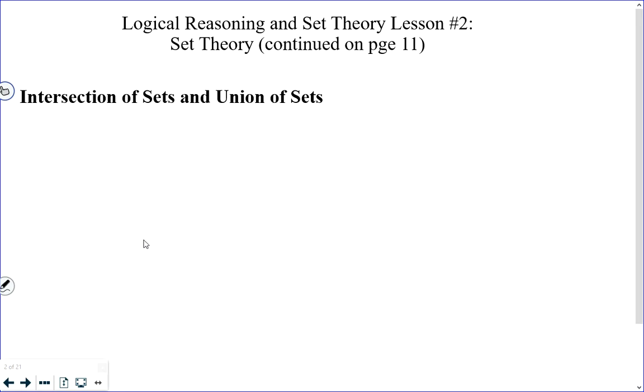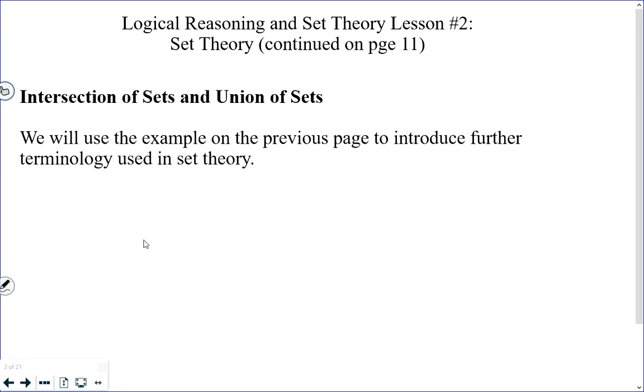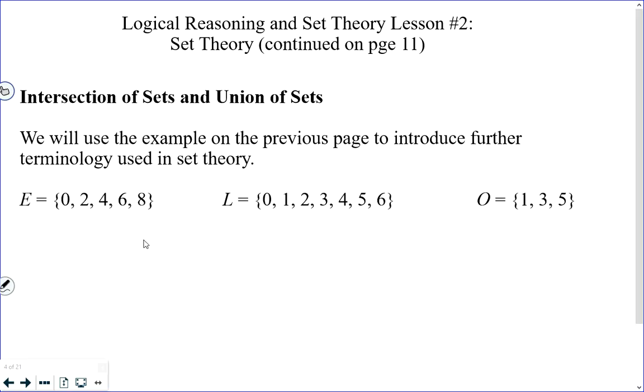In order to make sense of this and to help you understand what an intersection is compared to a union, we're going to use some sets that were created in one of the examples from yesterday. I think it was on the previous page, which would have been page 10. And these were the three sets. It doesn't matter how they were defined, but I'll go through the definitions.